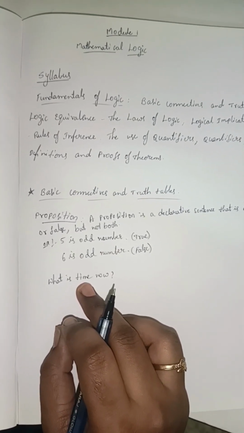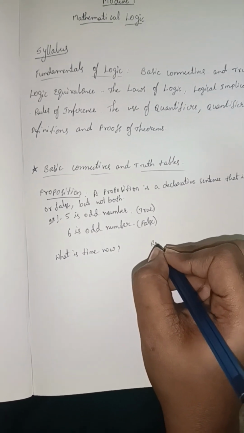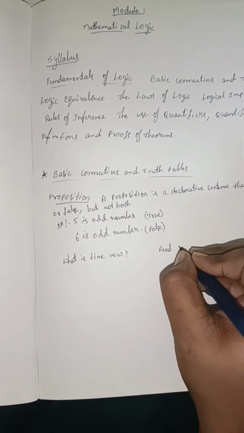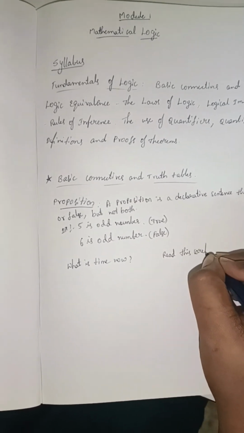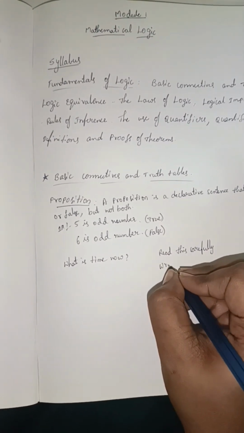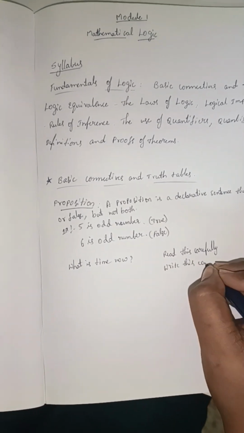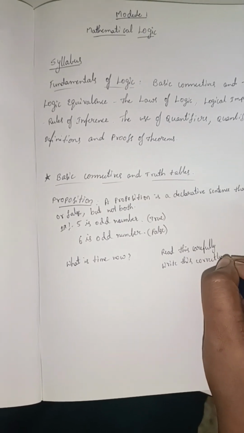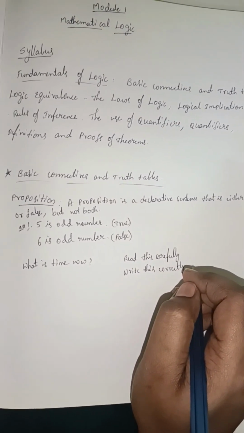Another example: read this carefully. Write this correctly. These are not propositions.